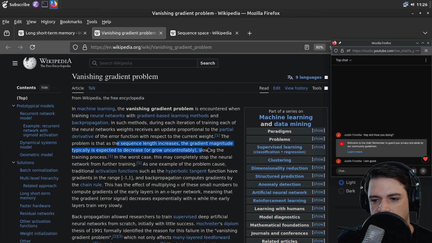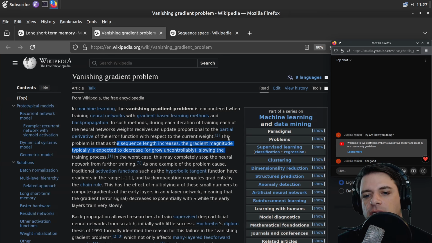I don't know if there's a good calculus intuition in this, but certainly in numerical computing, the more you do something iteratively, even if you have small errors, they tend to grow. So numerical methods having some unstable error issues is really common. In the worst case, this may completely stop the neural network from further training.